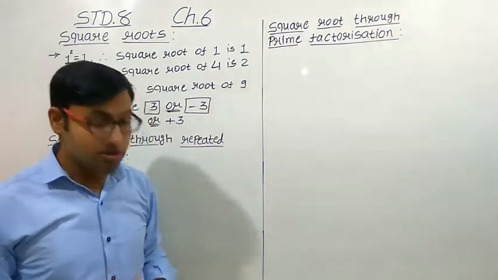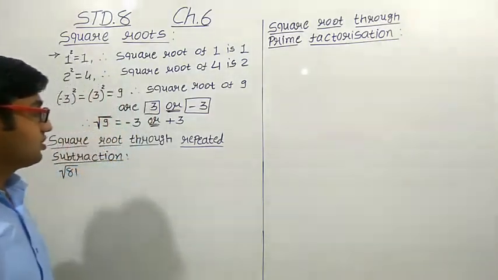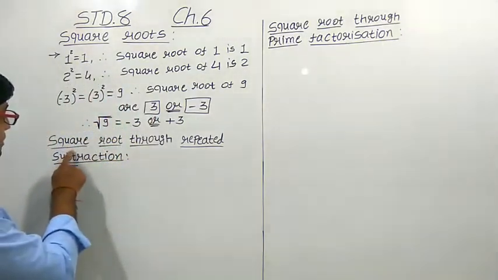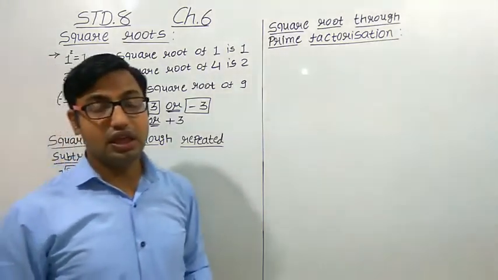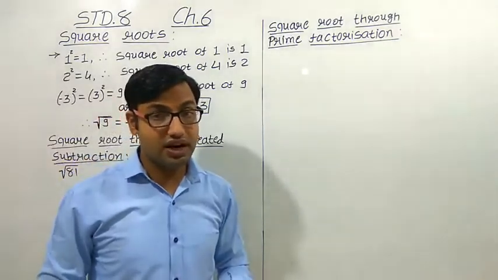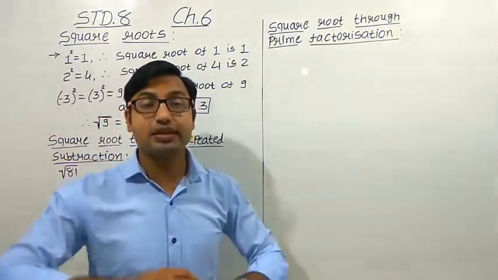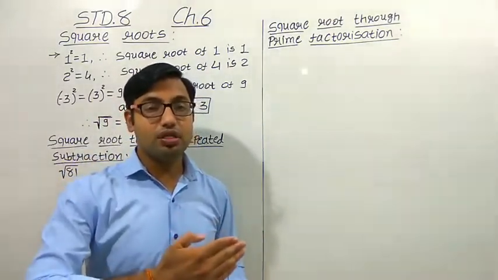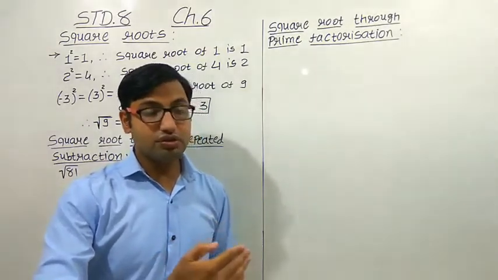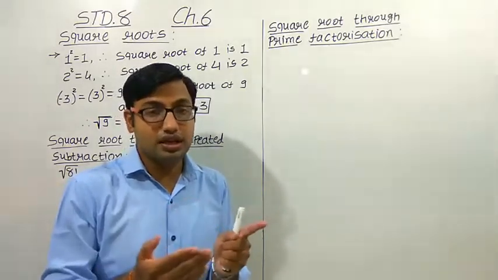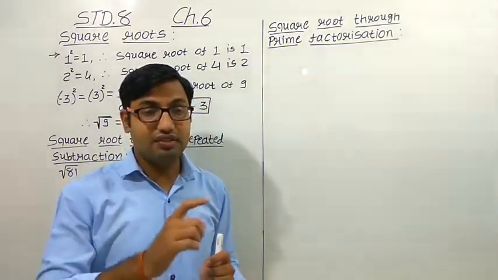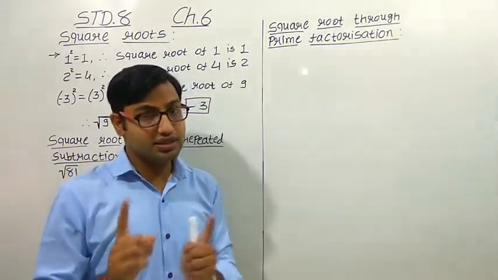Now we have some methods to find the square root. The first method is square root through repeated subtraction. Now remember one of the patterns that we studied while making the square: when we add the first 3 positive odd integers, we get 3 square, that is equal to 9.